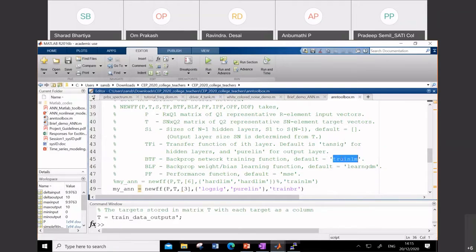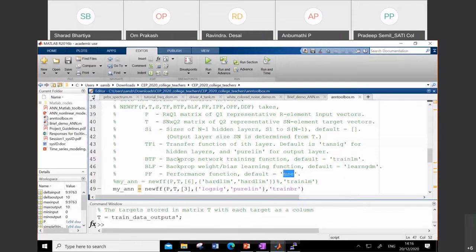For example, trainlm is training using Levenberg-Marquardt. For those of us who've done curve fitting in MATLAB, we know it very often uses Levenberg-Marquardt. Then you have the learning function, which is learngdm, the gradient descent method. And then the performance function, what you want to minimize, which is mean square error.